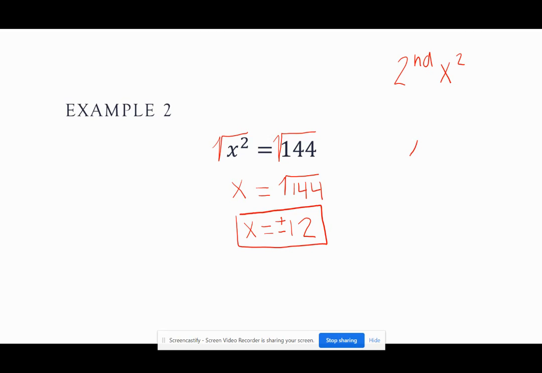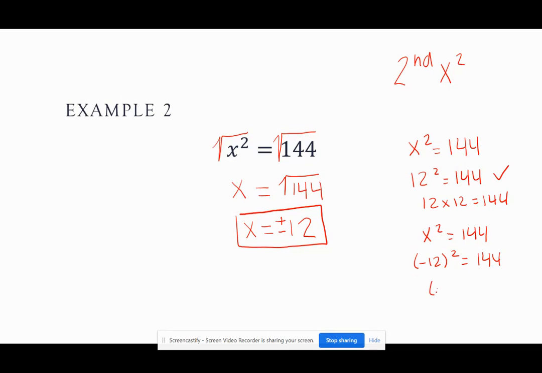Again, that's just saying that if I plug in positive 12 for x, 12 squared gives me 144. It does, because 12 times 12 is 144. And does negative 12 squared give me 144? Yes, negative 12 squared is just negative 12 times negative 12, and if you put that into your calculator, it does give you 144. So that's what that's saying.